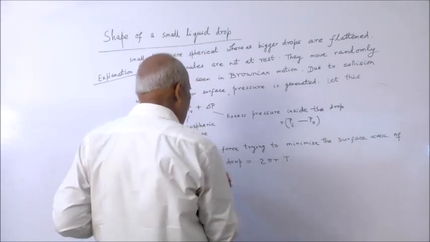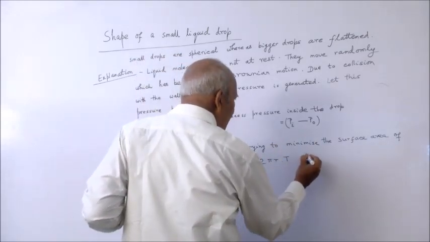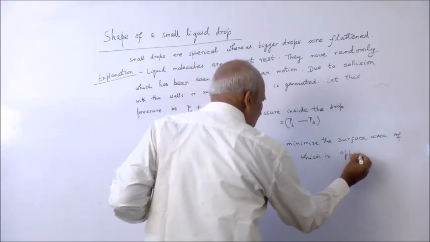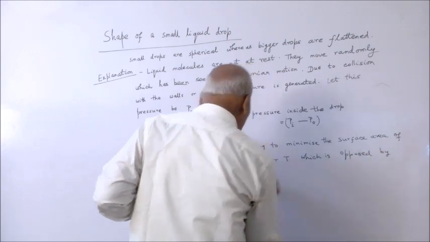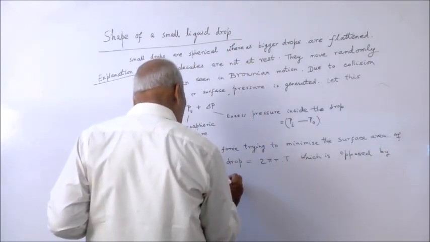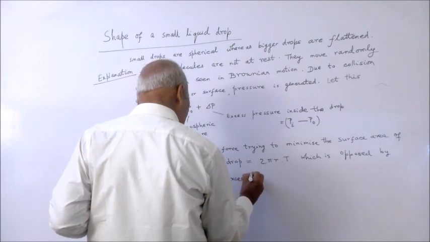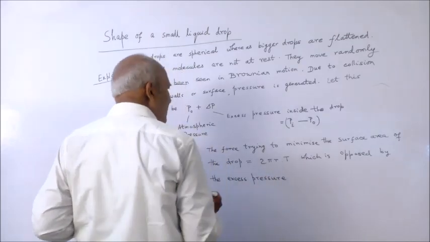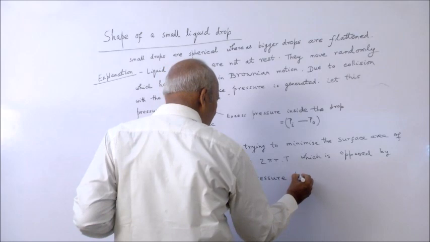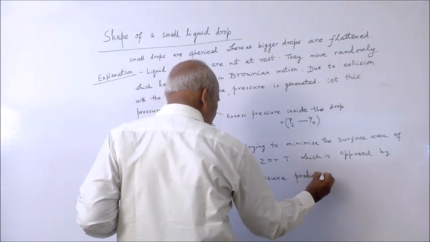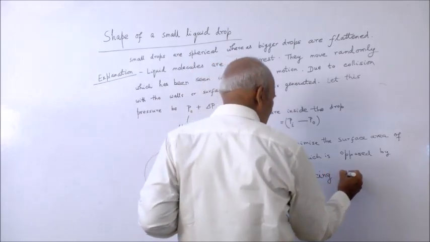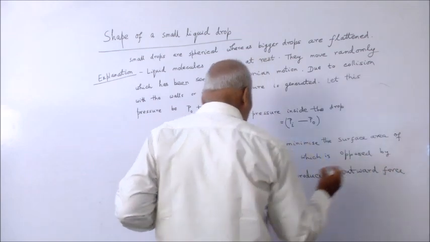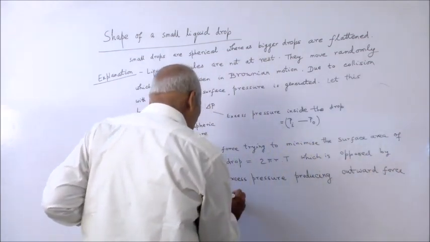So, this force, 2 pi r T, is opposed by the excess pressure, producing an outward force, delta P into pi r square.